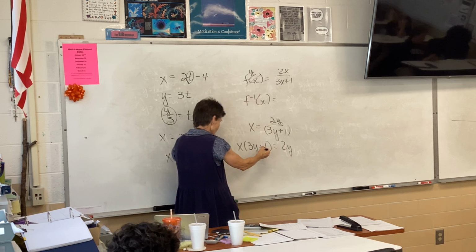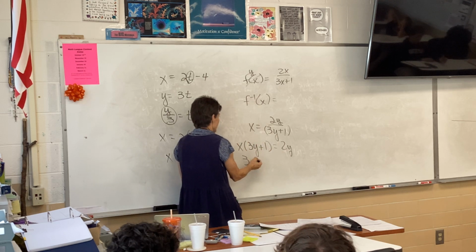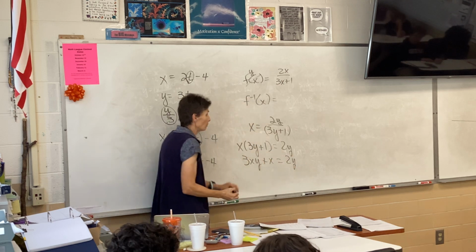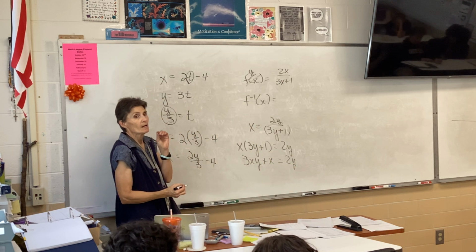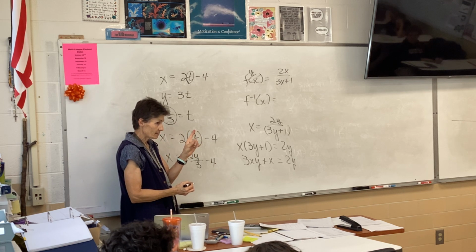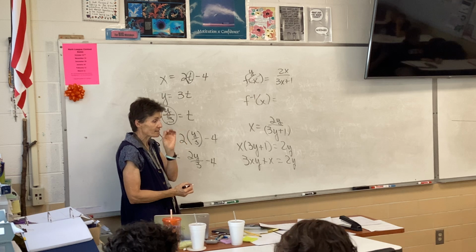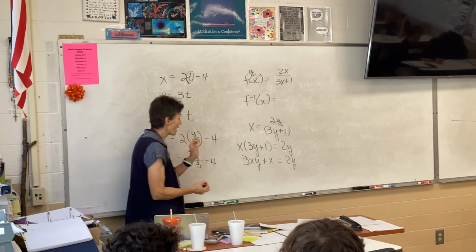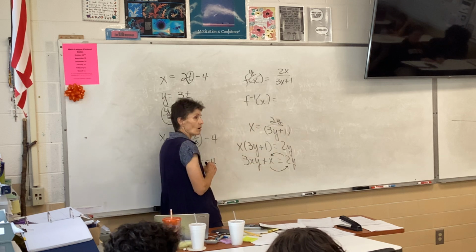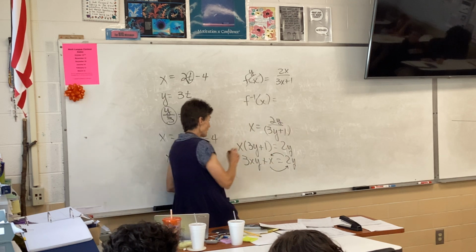Then distribute, please distribute. Then you pull out. No, don't pull anything out. I need to put the y's on the same side. It's the y's I factor out, so I have to have them on the same side.